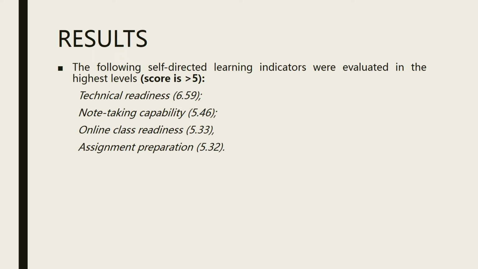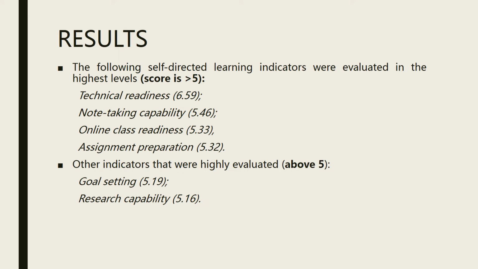So we can see that technical readiness, note-taking capability, online class readiness, assignment preparation were the indicators that were evaluated in the highest levels because their score was higher than 5. Also, such indicators as goal setting and research capability were evaluated highly as well, because their score was above 5, which was 5.19 and 5.16 for research capability.